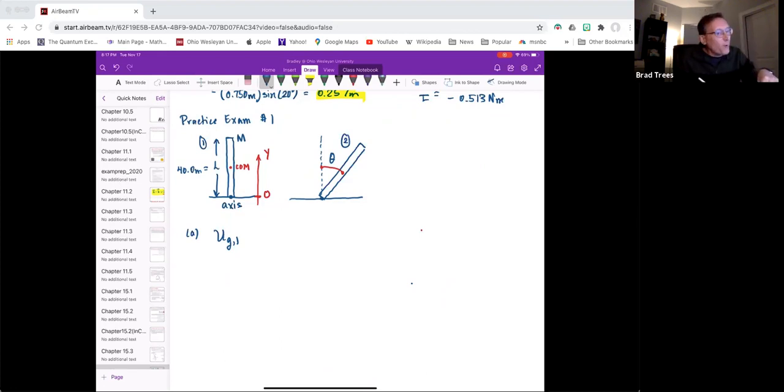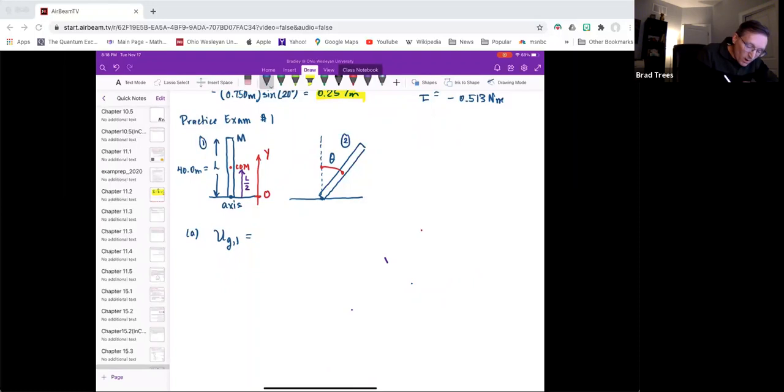But this chimney is not a particle. It's an extended body. So what's the appropriate y coordinate to use? Answer, the center of mass. So what's the y coordinate initially? It's that much right there. How high is that above y equals 0? L over 2.